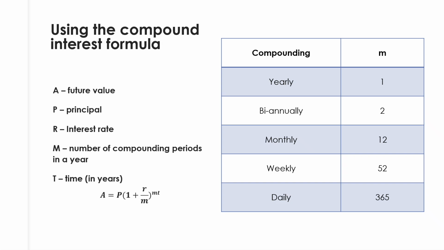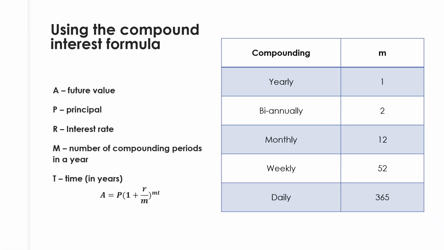So we have our compound interest formula as future value is equal to the principal times 1 plus the rate divided by the number of compounding periods.